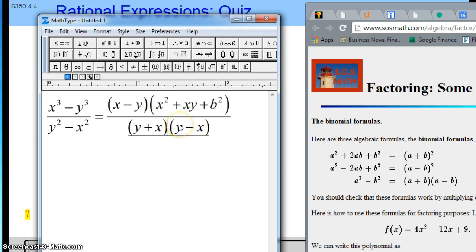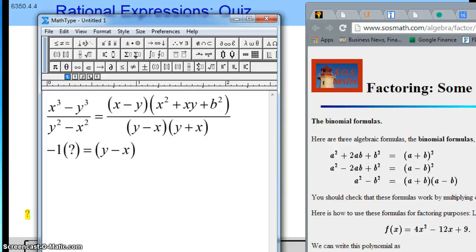This is completely fun to do. The first thing I'm going to do is just rewrite this, just because it looks prettier in my mind. If I factor out a -1, I want this to be the same value. I just want to say -1 times what equals y minus x.